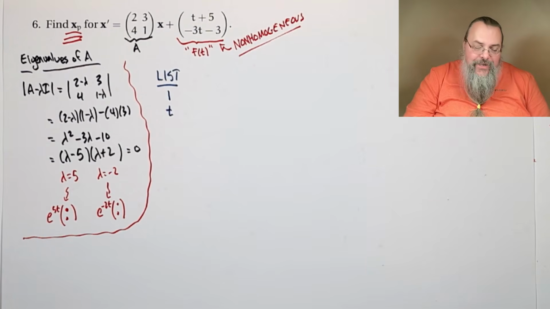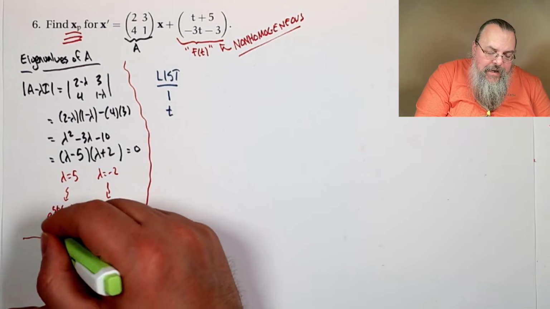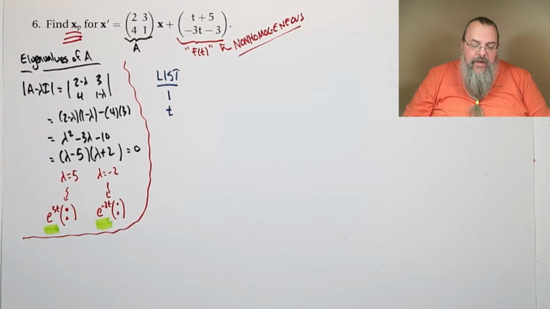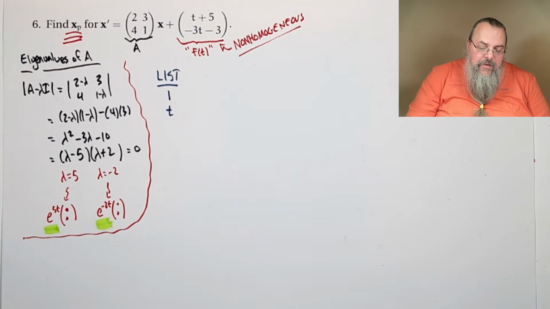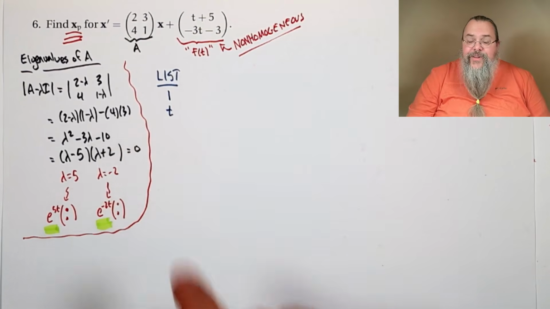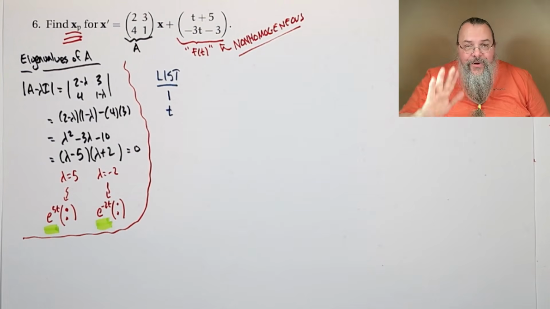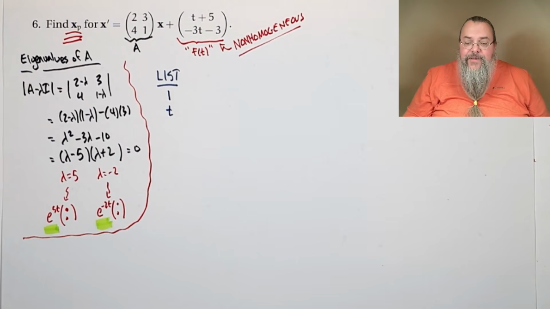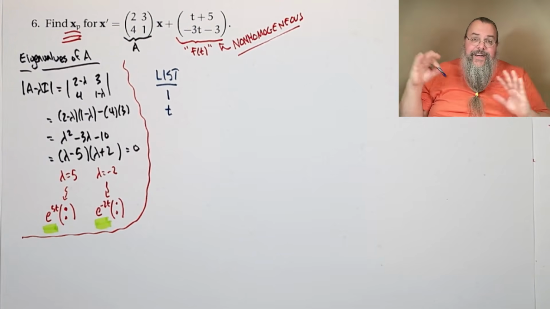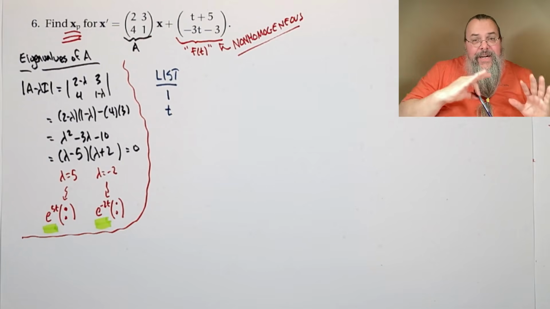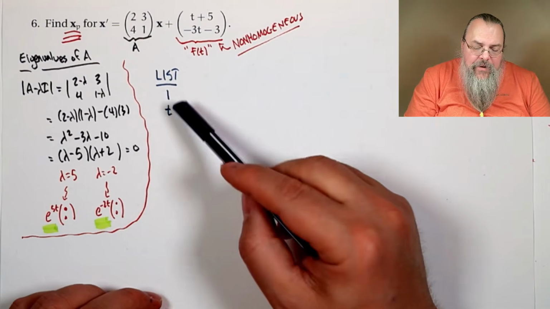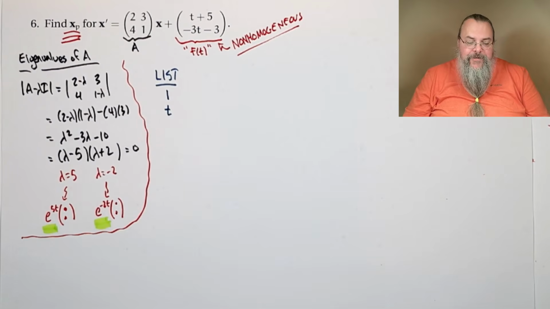I need to look at the functions, and those are coming from the eigenvalues. So I'm looking at e to the 5t, e to the minus 2t. None of those are on the list, so no overlap. So we don't have to do any correction. That's why I didn't need the eigenvector. I only needed the eigenvalue to check for overlaps with the functions involved.